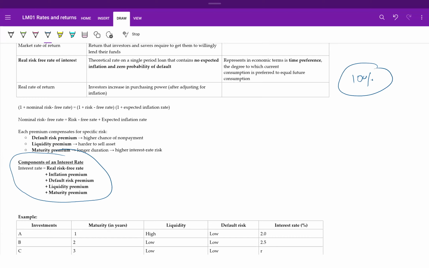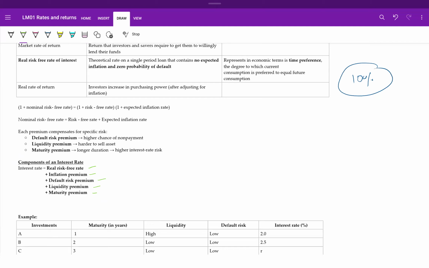When we talk about interest rate, there is a risk-free rate, inflation premium, default risk premium, liquidity premium, and maturity premium. This is what actually makes an interest rate. The risk-free rate is the rate that you get on a security that has no risk and is extremely liquid. So we make an assumption here that there is no inflation.